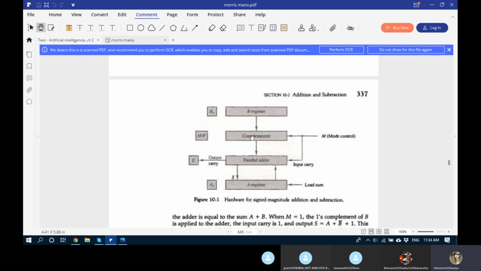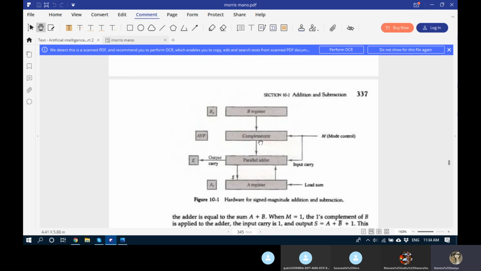When no carry is generated, the result is negative, and to find the result, take the 2's complement of it. If you remember this, these three steps are there for performing the subtraction operation.